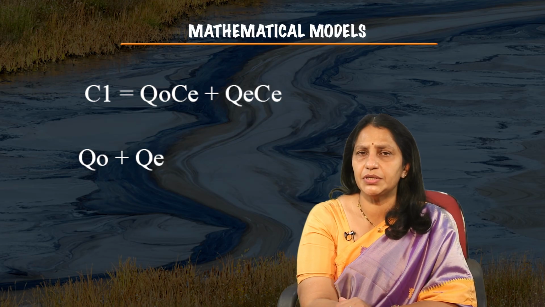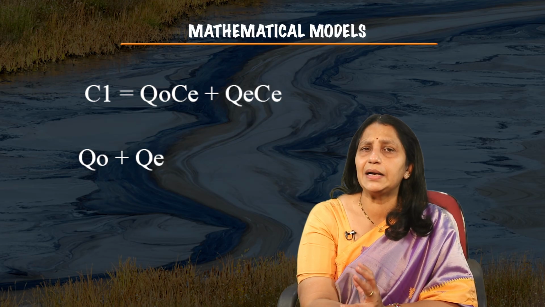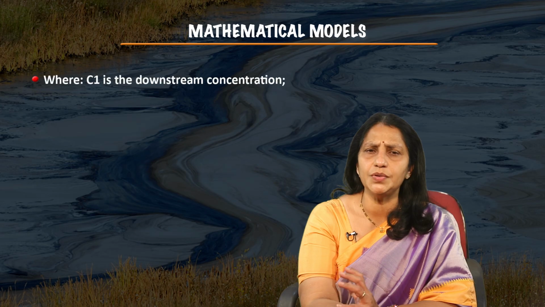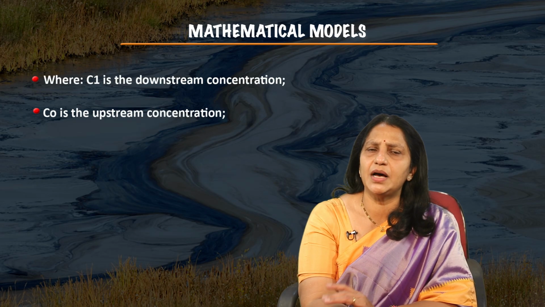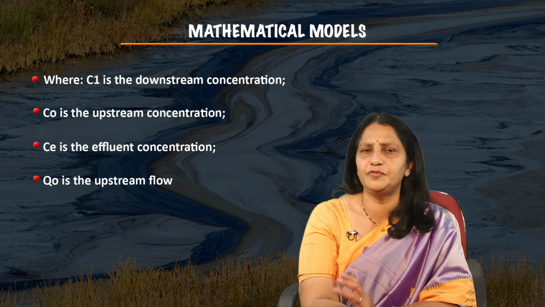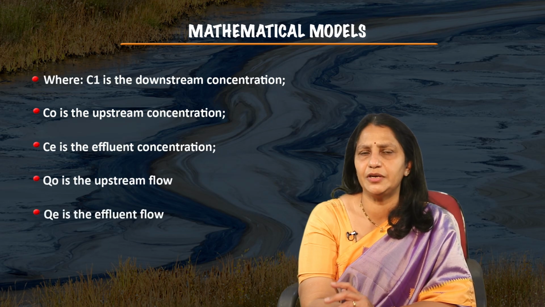The equation assumes the continuous discharge of a conservative contaminant into a stream. Here C is the downstream concentration, C0 is the upstream concentration, CE is the effluent concentration, Q0 is the upstream flow, and QE is the effluent flow.